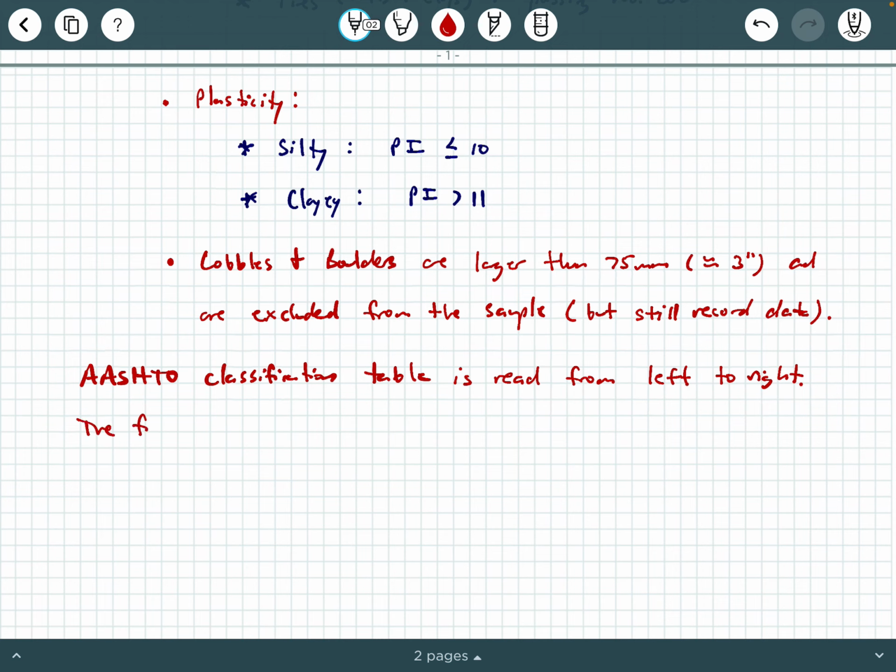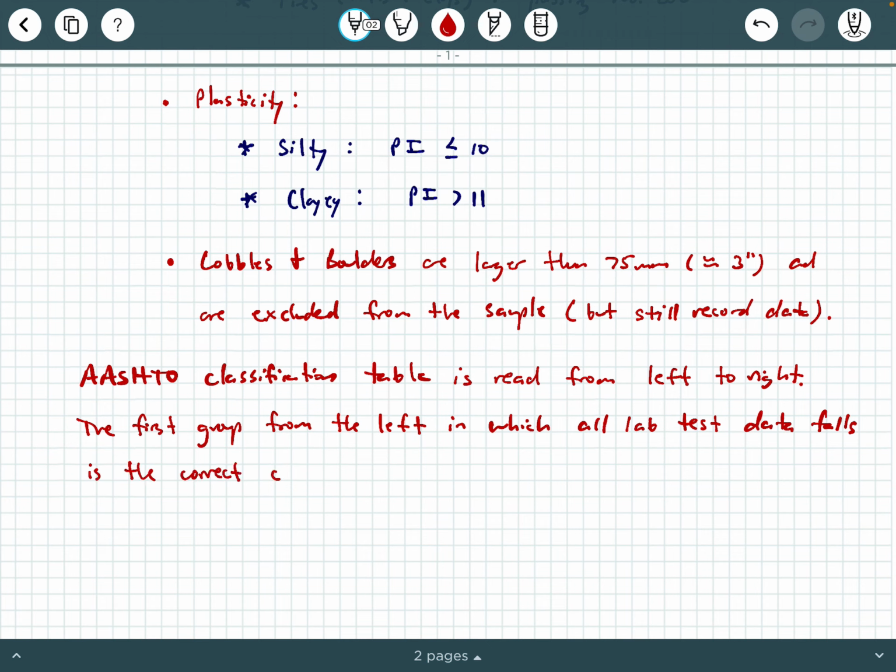The first group from the left, in which all lab test data falls, is the correct classification.